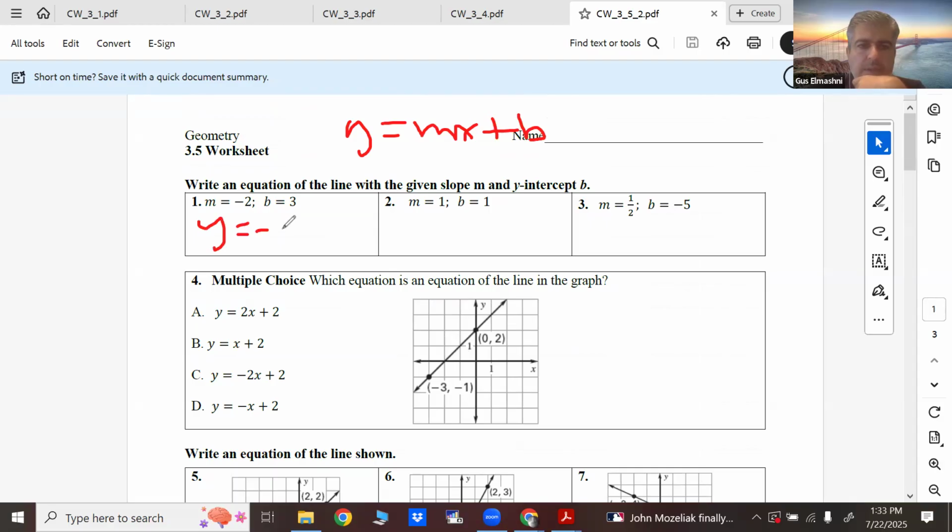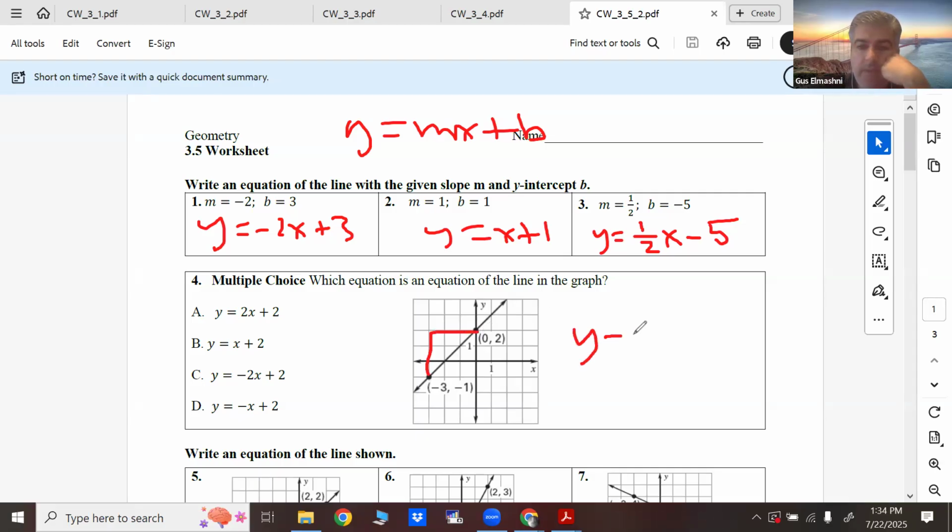So y equals negative 2x plus 3. y equals x plus 1. y equals half x minus 5. Here, up 3, right 3, to get b.